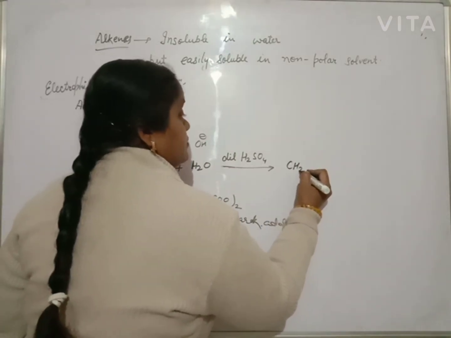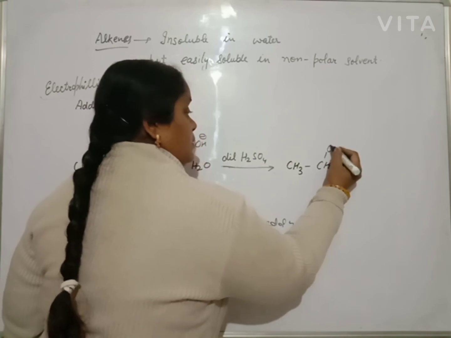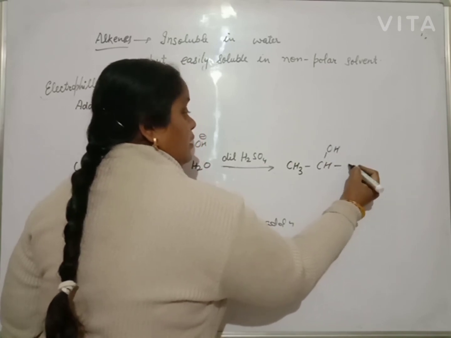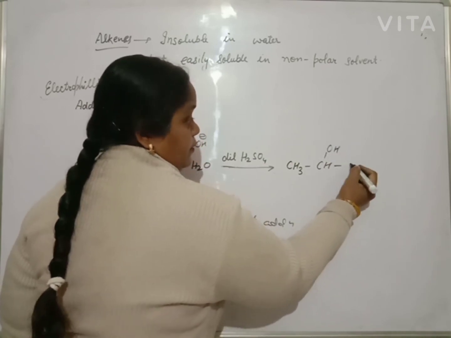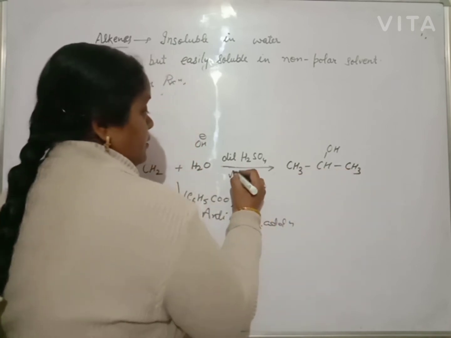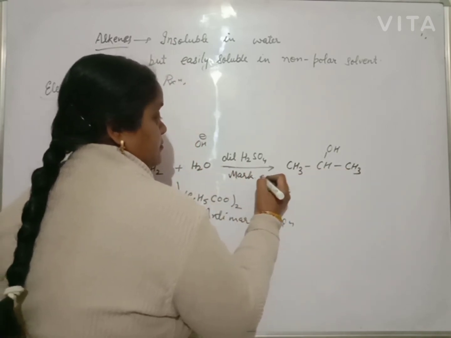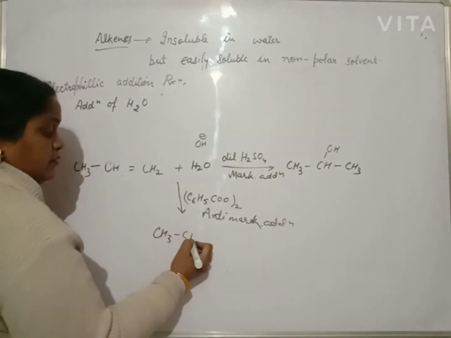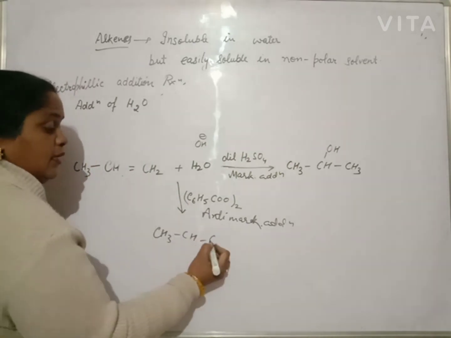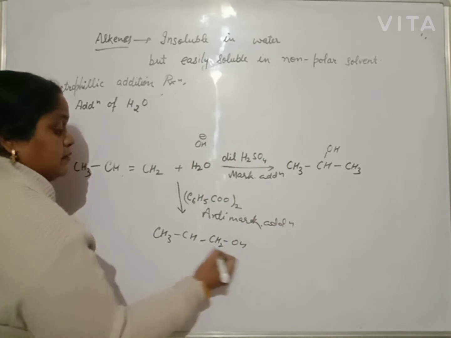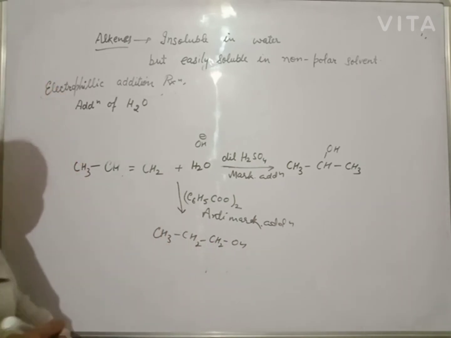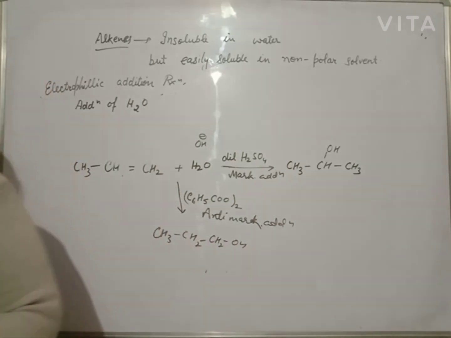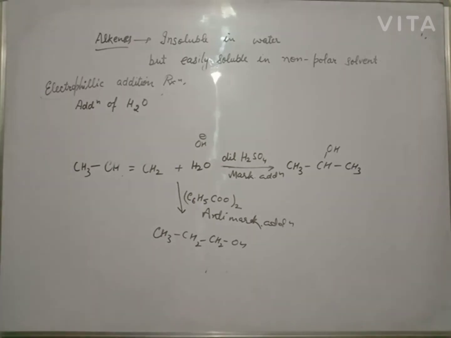We will get 2-propanol in Markovnikov addition, and 1-propanol in anti-Markovnikov addition. Clear? This is known as electrophilic addition reaction.